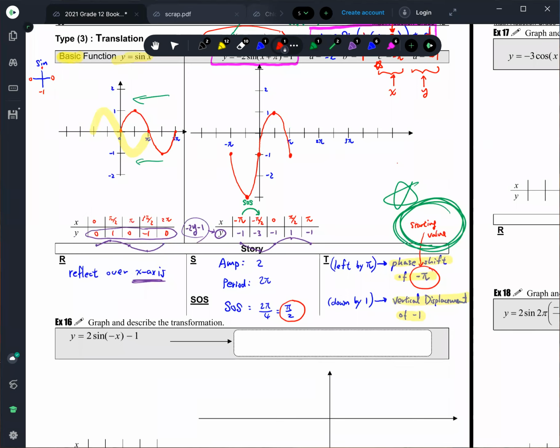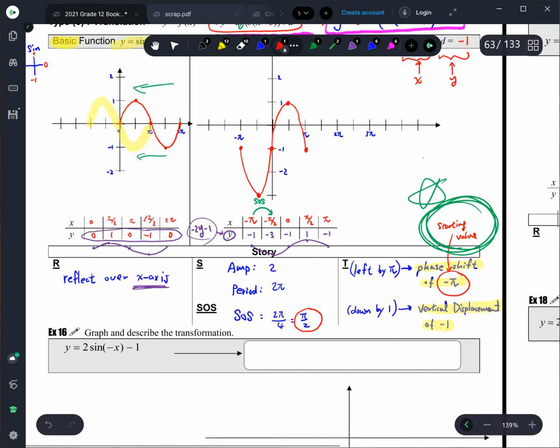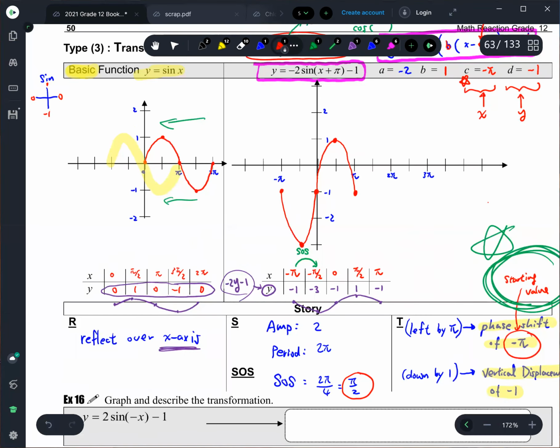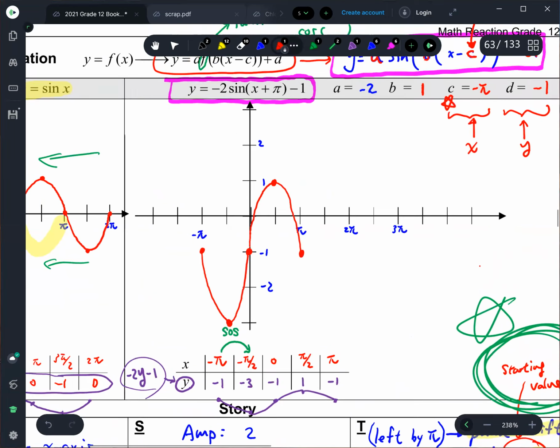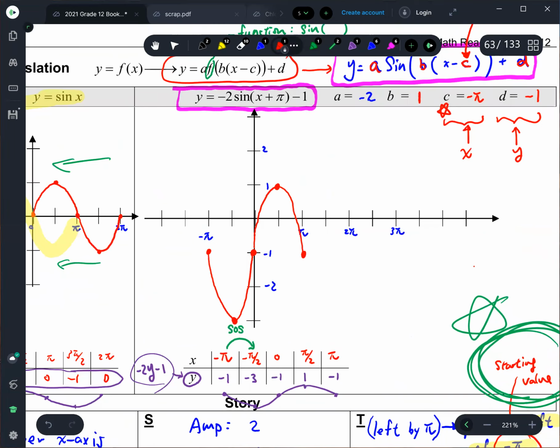Multiply by D. Callum, you said multiply by D. No, we don't multiply by D. Think about how you get the Y value on this table. What did you multiply by? You still multiply by A.